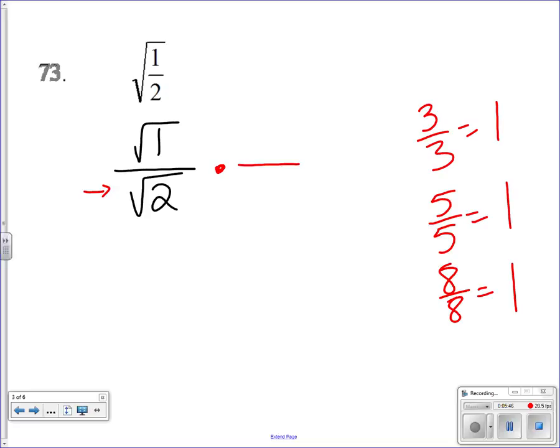And anytime you take a number, just so it's a little different, if we have 4, and you multiply it by 1, well, you haven't really changed anything. That's still 4.